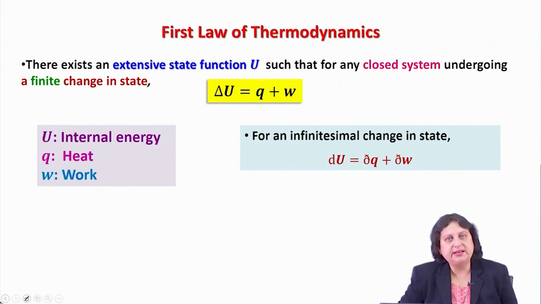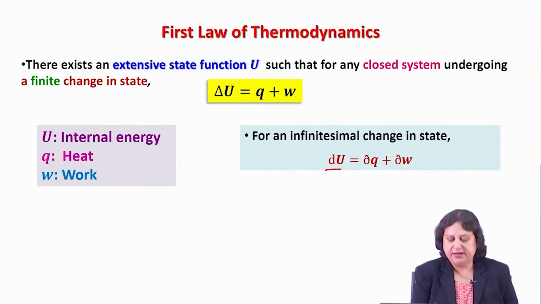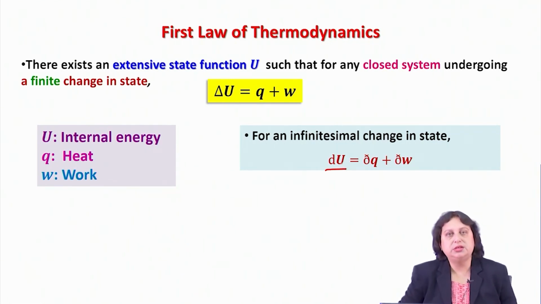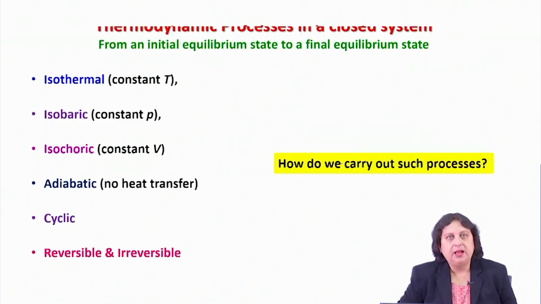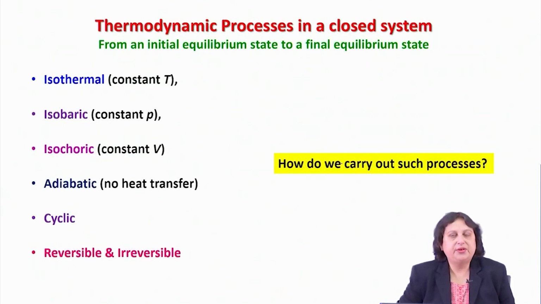And for an infinitesimal change in state, there is an infinitesimal amount of change in the internal energy, which I represent by the exact differential dU. Then dU would be equal to dq plus dw. And I've also talked to you about several different processes that are usually used to carry out this change in state.